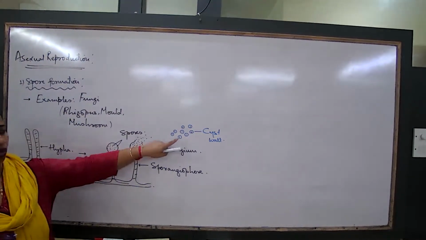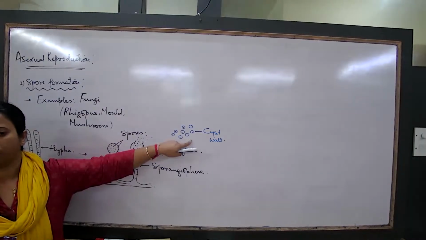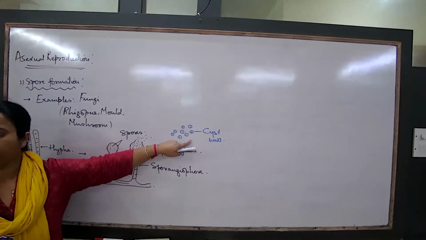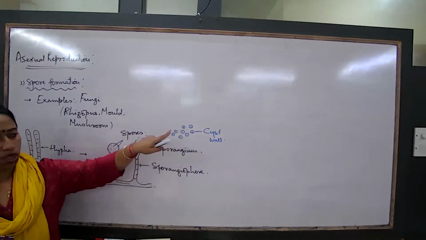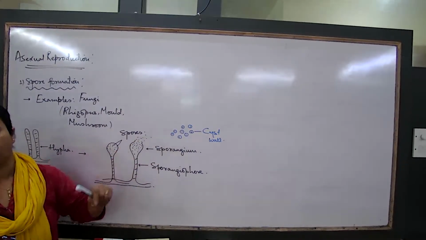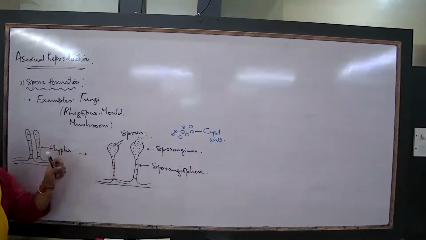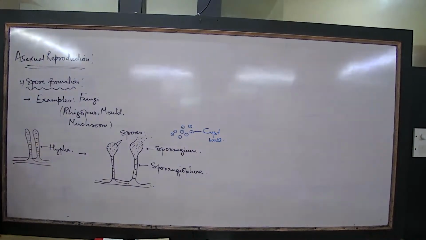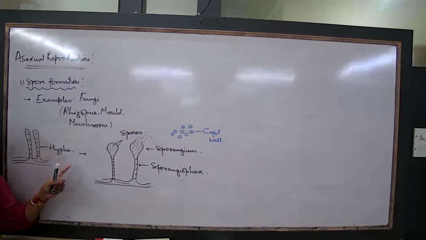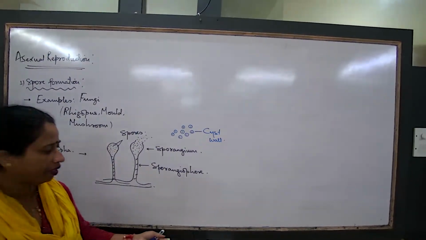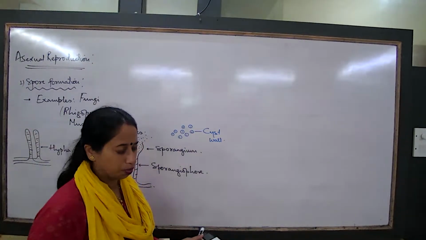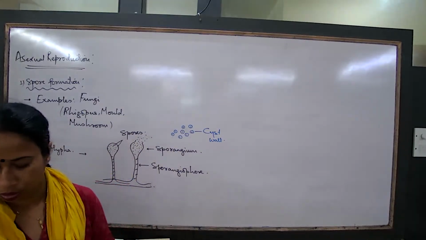This cyst wall will not allow the spore to die out, even if the environmental conditions are not favorable for their growth and maturation. They will grow only when the conditions are suitable.